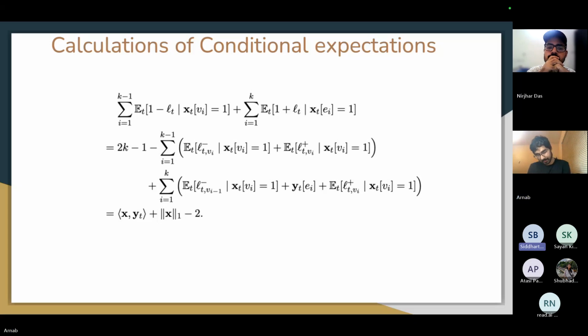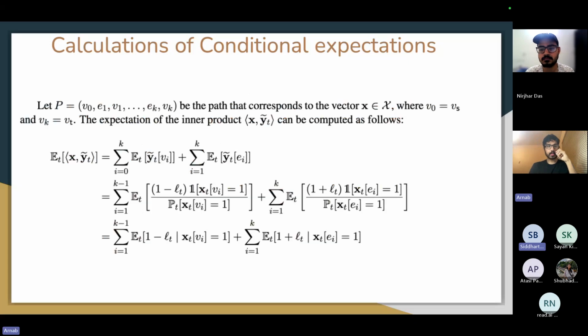So in summary, what you're doing is defining this new estimator y tilde, for both edges and vertices. They are far from unbiased estimators. They have an importance probability scaling going on.